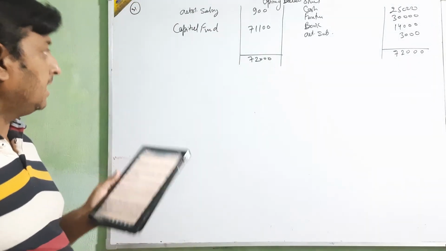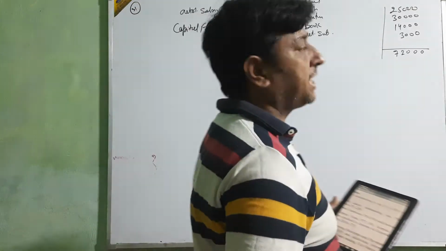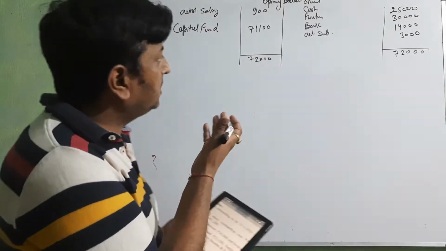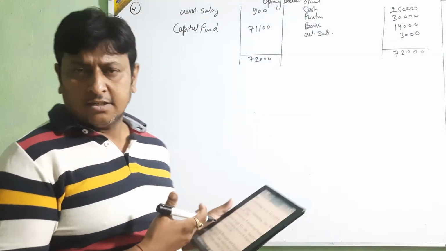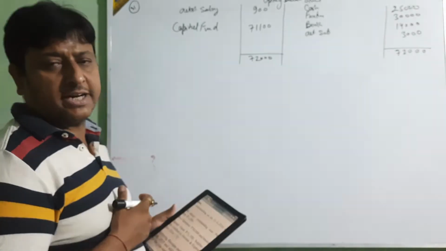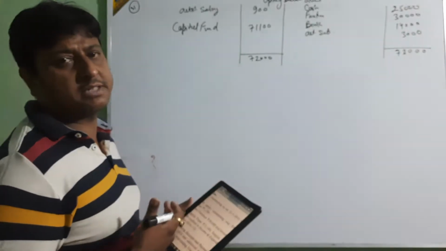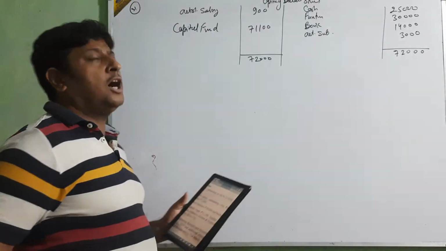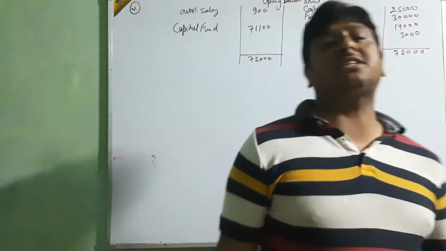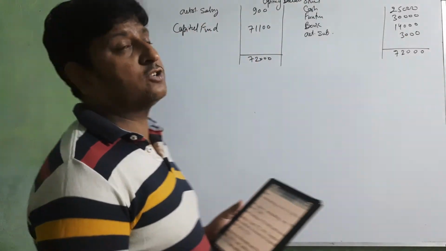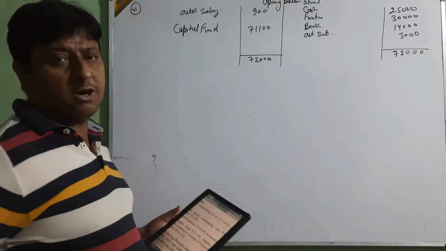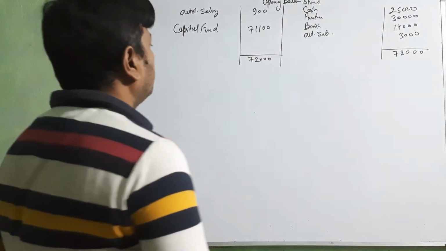It's a capital fund. I think you will know about that. I am taking cash opening balance, furniture and books given outside. Then outstanding subscription is also given outside, last year subscription, and outstanding salary means last year's outstanding salary. Then the difference amount is the capital fund.